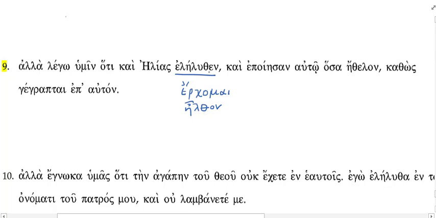It's not the aorist. Could it be the imperfect? Could it? Well, the imperfect has to use which stem? The present. So it's got to have erch in it somewhere. There's no erch, right? So this must be the perfect.